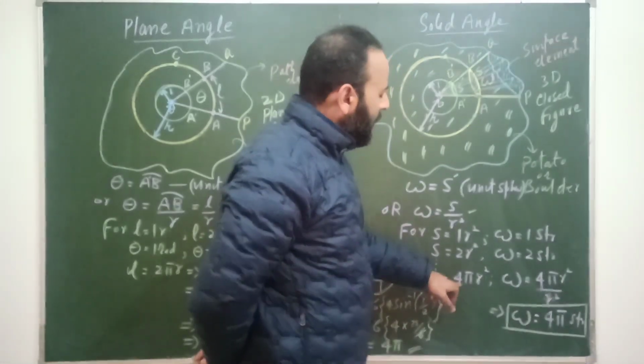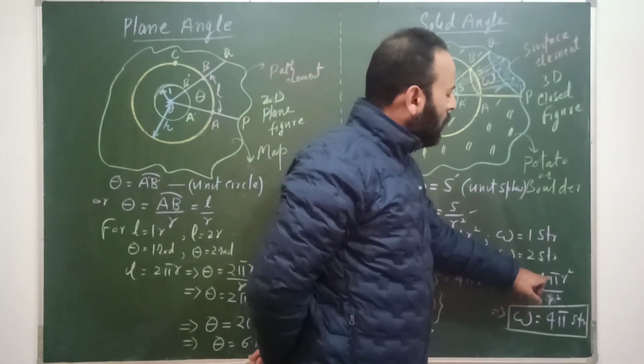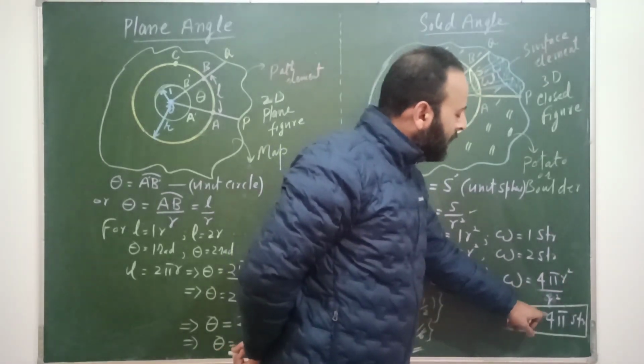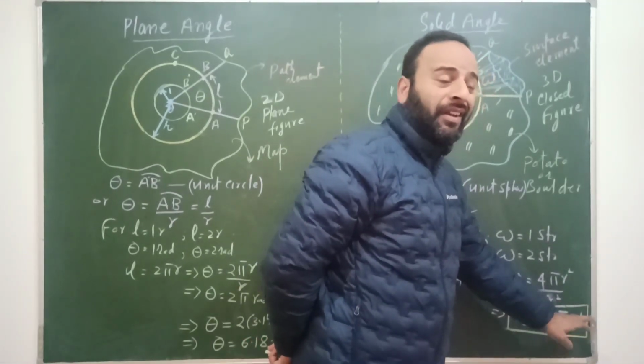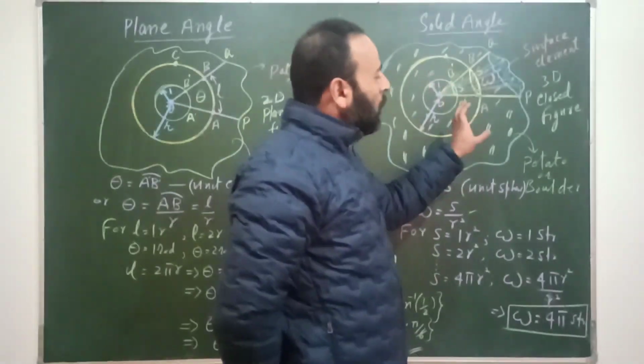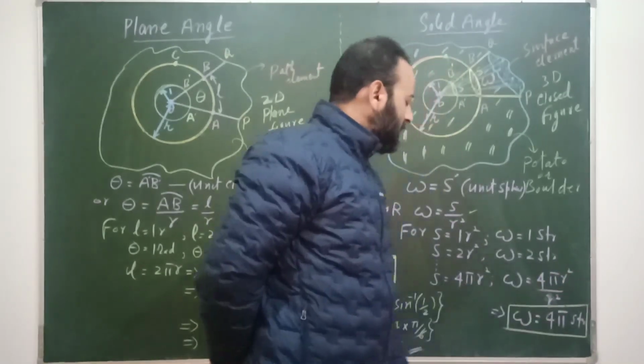So S is equal to 4 pi r square, and omega is equal to 4 pi r square divided by r square. So omega is equal to 4 pi steradians, meaning the total solid angle subtended by any closed figure of any shape is equal to 4 pi steradians.